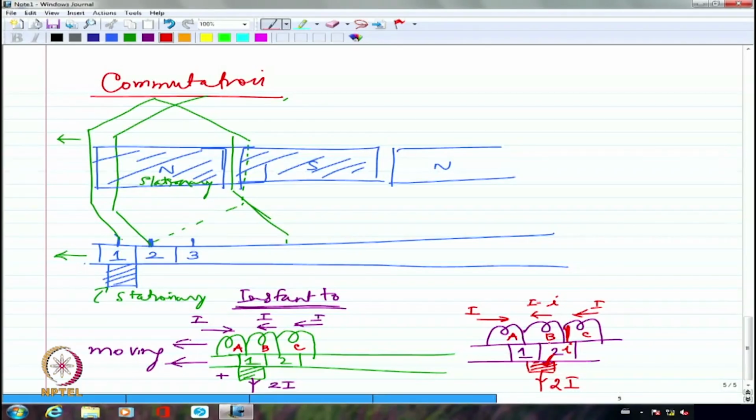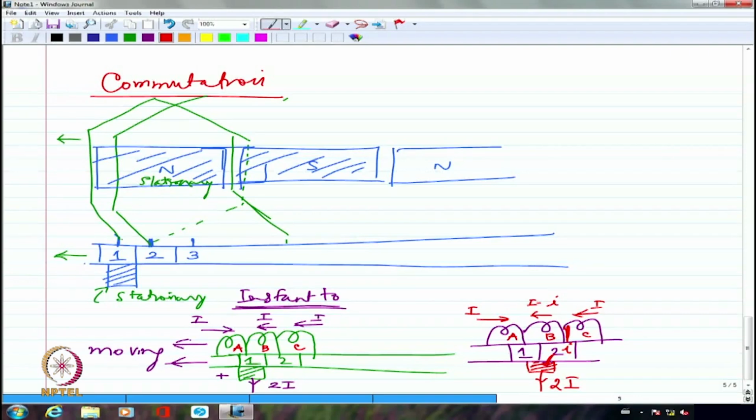Because of which, you will find that coil B is carrying literally zero current. If small i becomes equal to capital I, eventually what is going to happen, depending upon the area of contact between the brush and the commutator segment. If commutator segment 1 and commutator segment 2, both of them are making equal contact with the brush, then I would say both of them probably would be pushing the current of I. In which case, I am going to have essentially B to be carrying literally zero current.